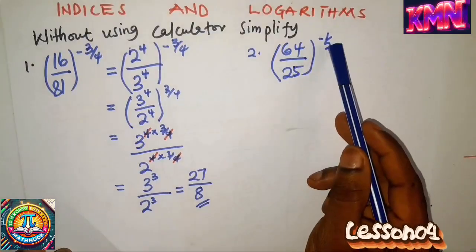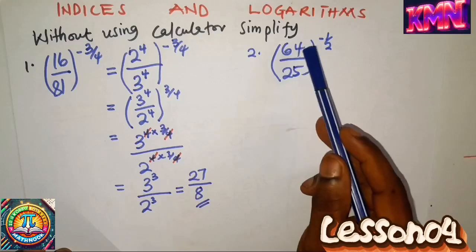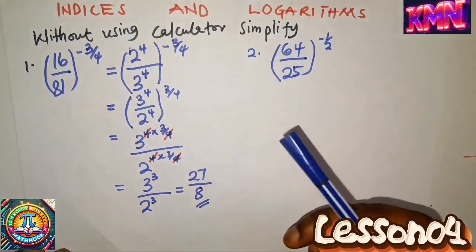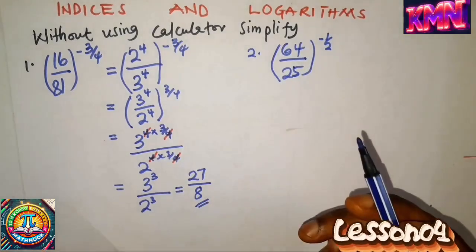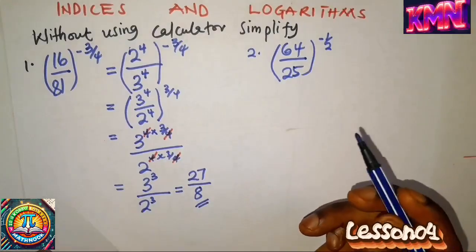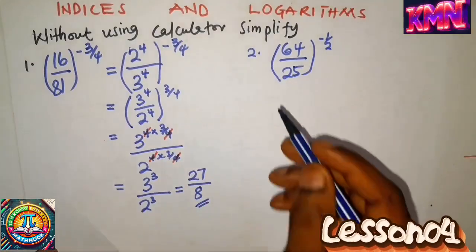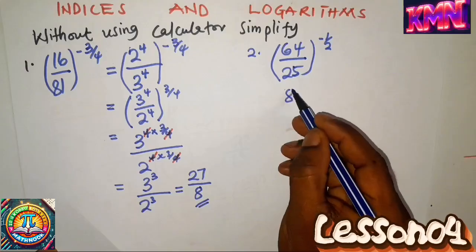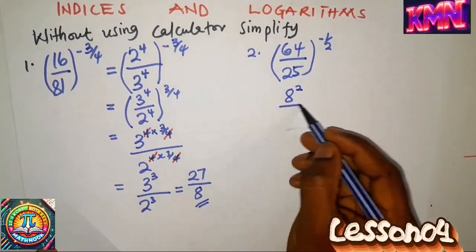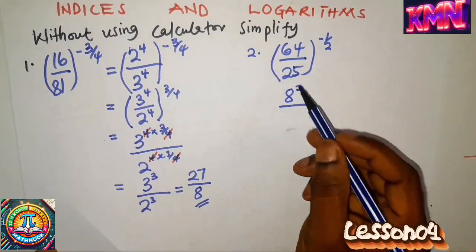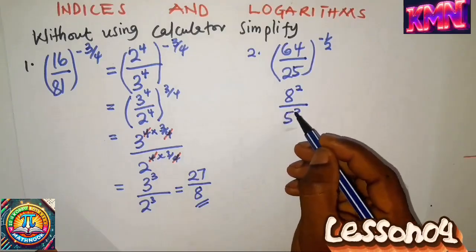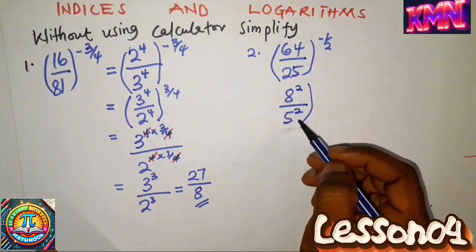So since 2 is here, we can say that which number exponent 2 gives us 64? And you know that the number that can give us 64 by multiplying itself is what? 8. So we can say that 64 is now 8 exponent 2. And then which number exponent 2 gives us 25? And that's also 5. 5 power 2 is 25.